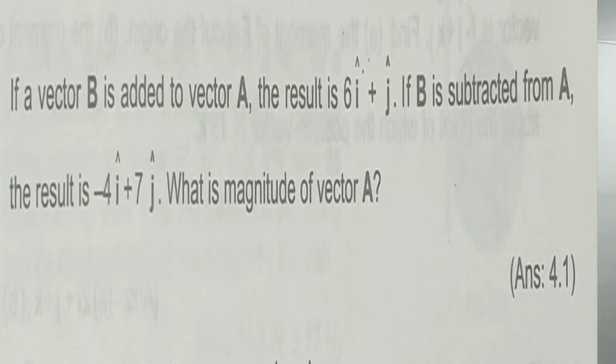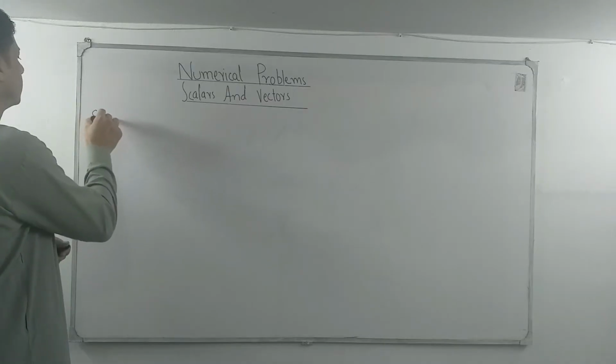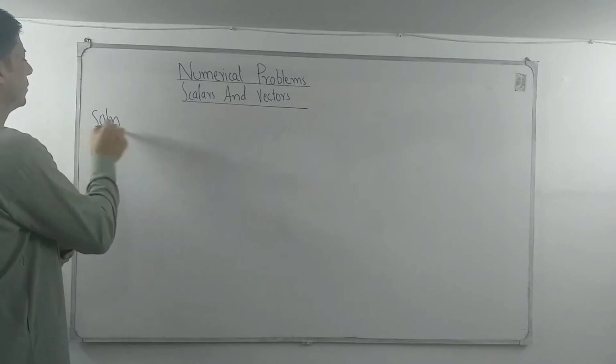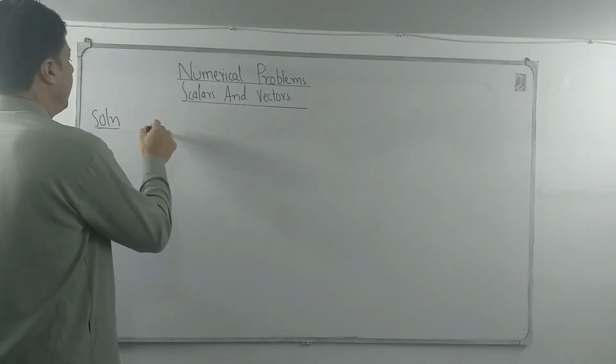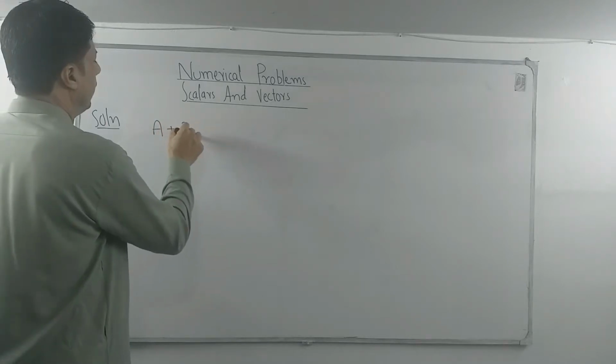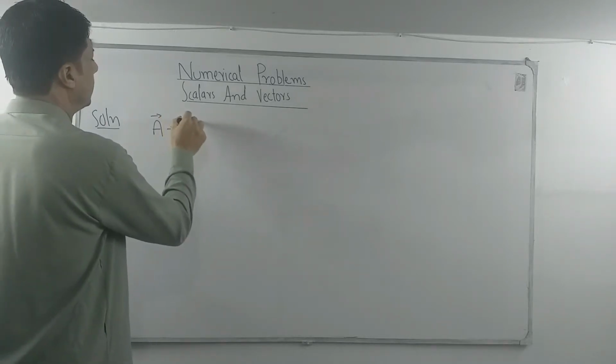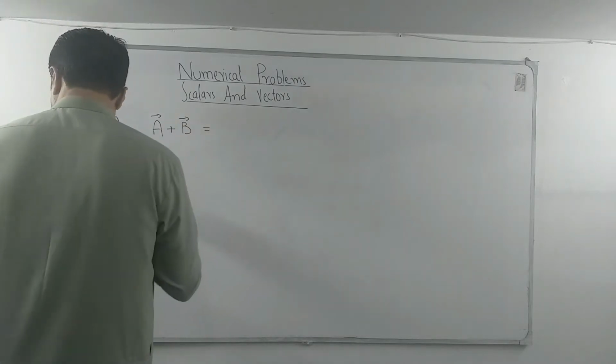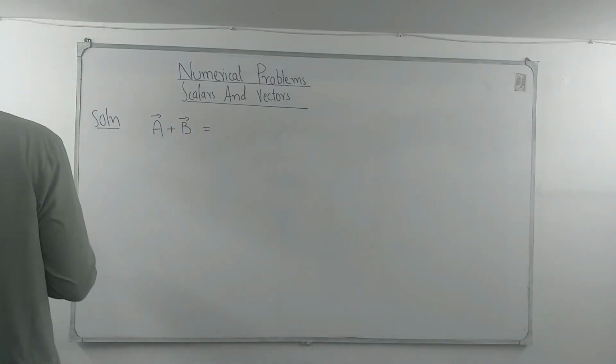If vector A is added to vector B, we are getting the result which is equal to 6i plus j.